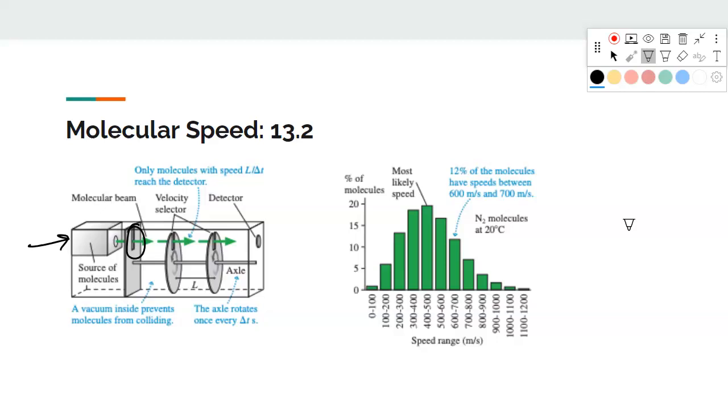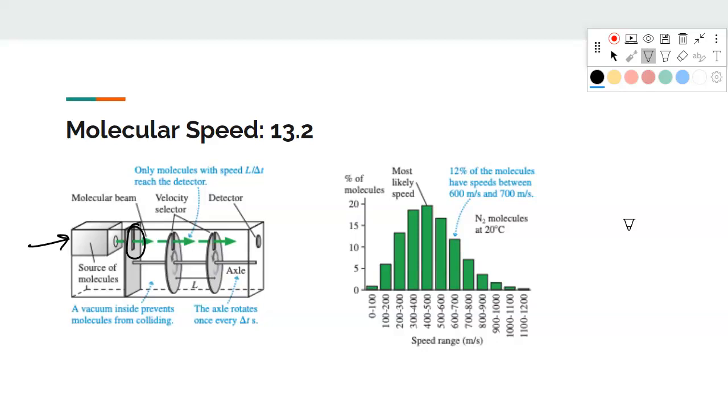And then what we do is we rotate this wheel around that has some cutouts in it. And so only the gas going at a specific speed can get through both. If it's going too slowly, then it won't be able to pass through. If it's going too quickly, it won't be able to pass through.